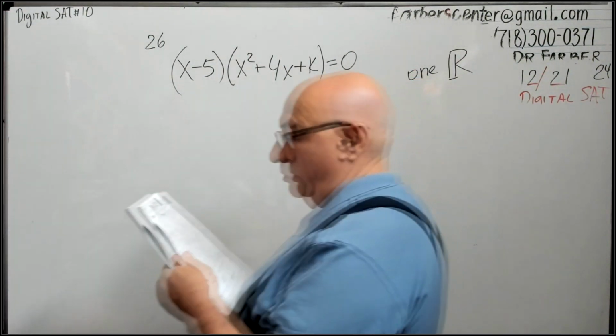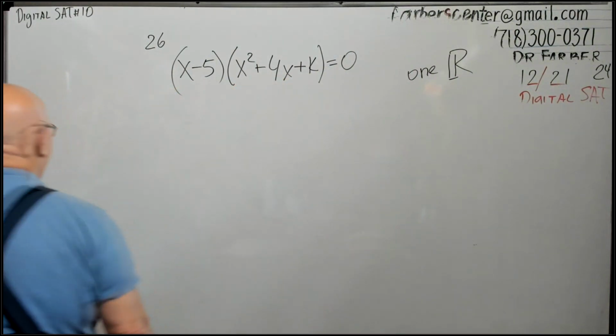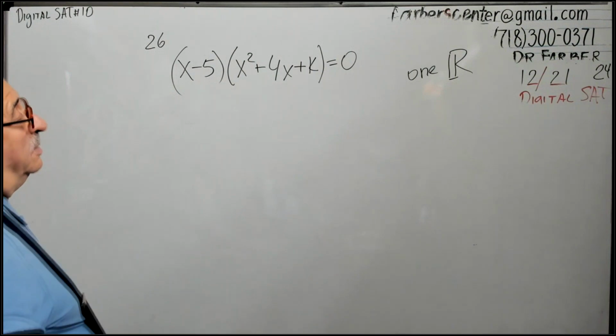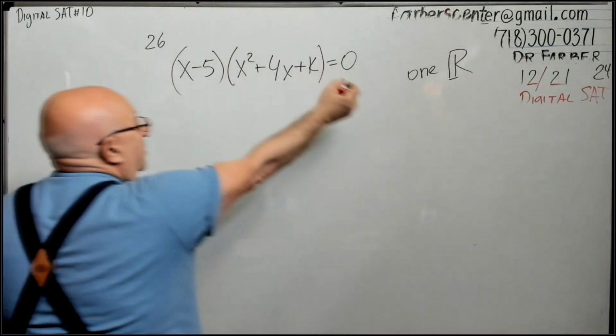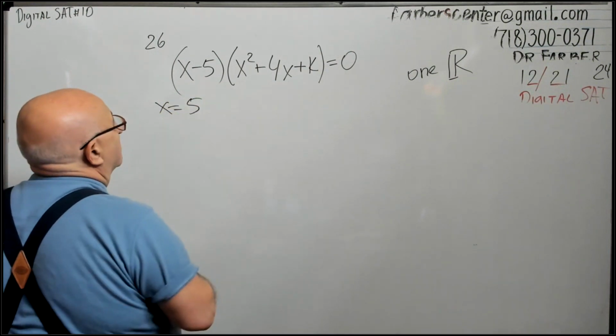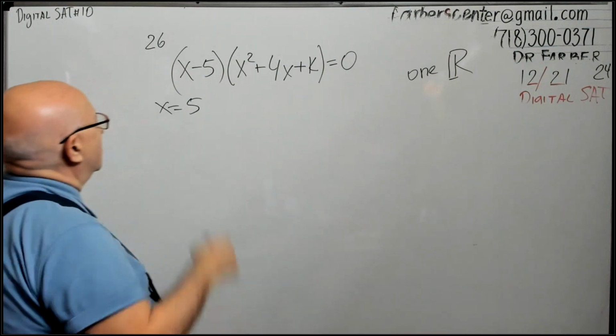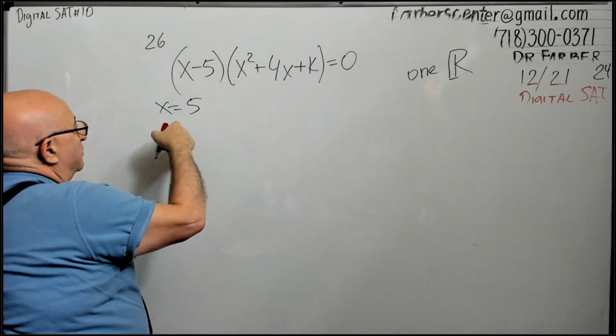Which of the following could be the value of k? So if this equals 0, x equals 5. This already has a real solution. We already have one real solution, x equals 5.